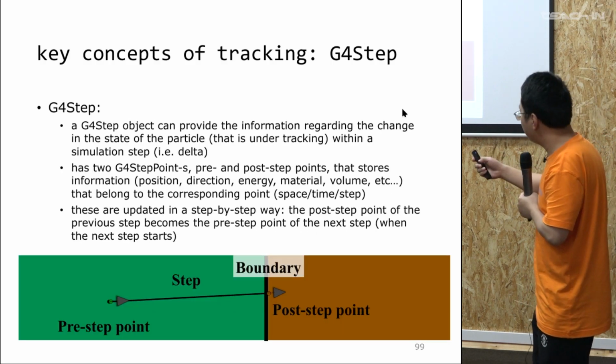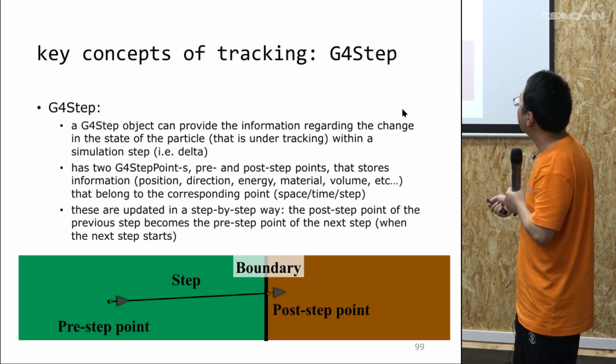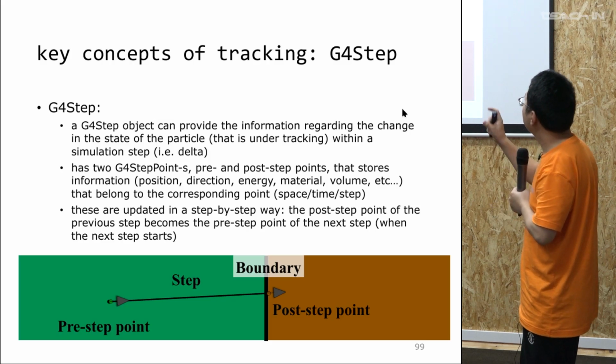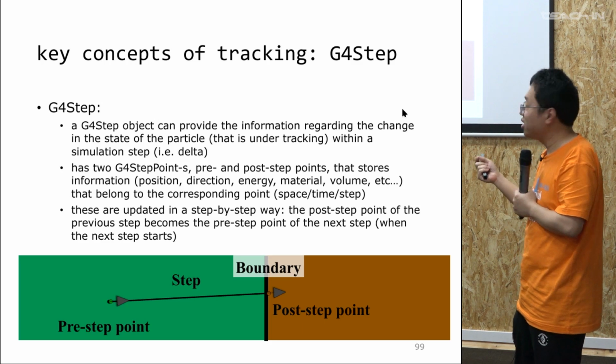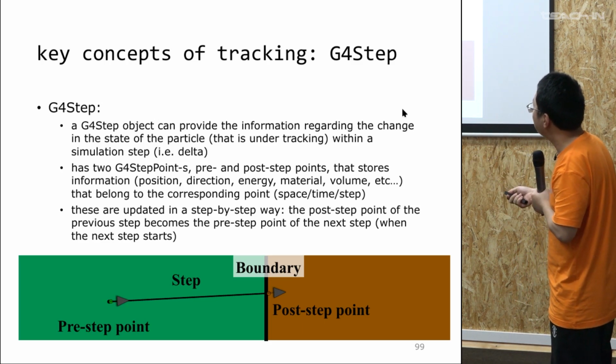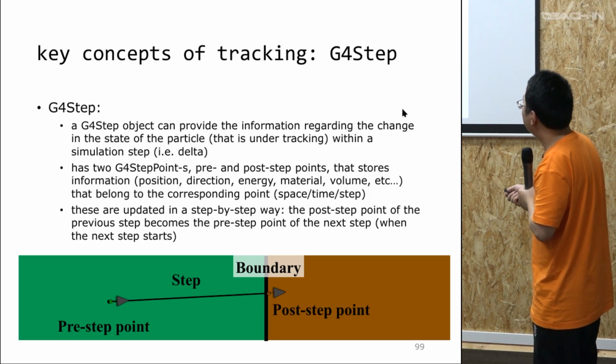For the step, it's also easy to understand now, I think. For this step, its state could be changed, so it provides two step points, called the pre-step point and the post-step point.